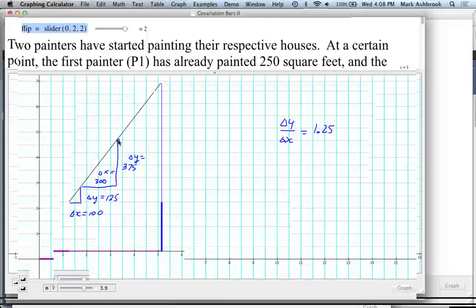For every amount that we go, doesn't matter what it is, so this is just some arbitrary amount now, how much does painter 2 paint? 1.25 times the change. Right. Okay, so we can use this to form the equation of the line, which will give us all corresponding values of painter 1 and painter 2.